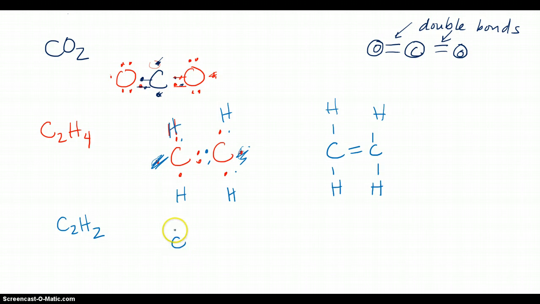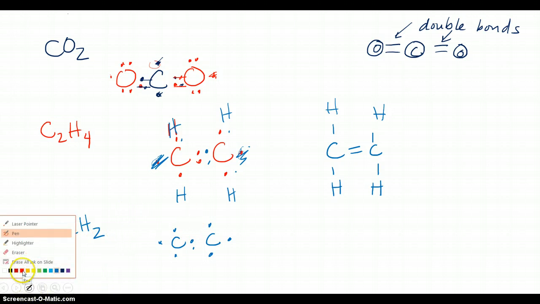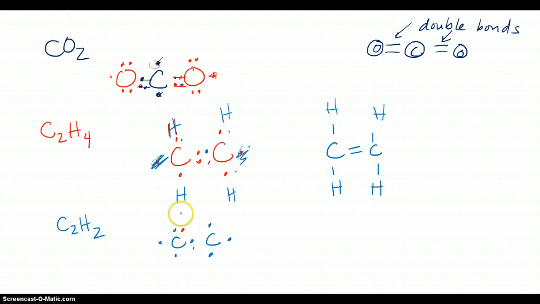So for this one, I have carbon, all right, and I have two hydrogens. I'm going to attach one here and attach one to the other side. In this case, I have a full pair over here, and I have a bond over here, right, from the carbon.